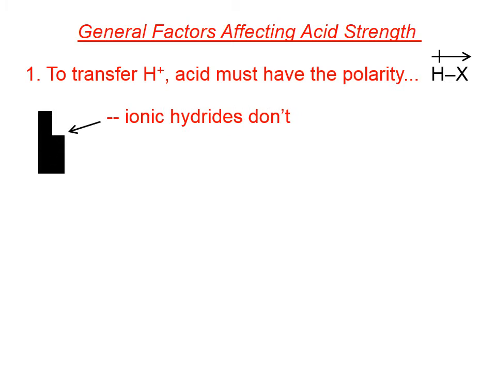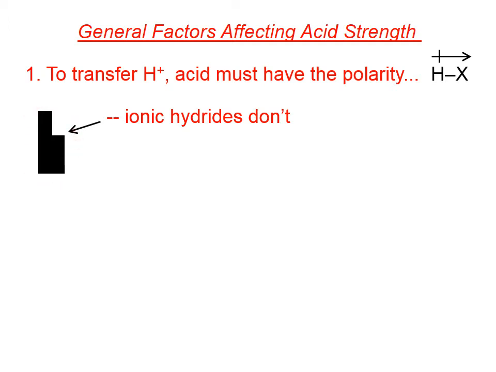An ionic hydride is a metal bonded to hydrogen, and there are only certain metals that can do that, and the certain metals, just to remind you, are what I call the strong base cations. Those are the only ones that form hydrides.